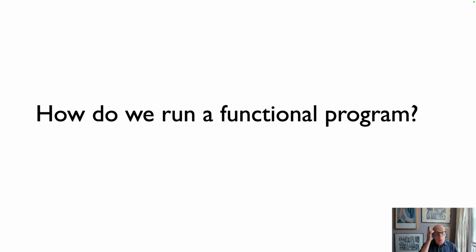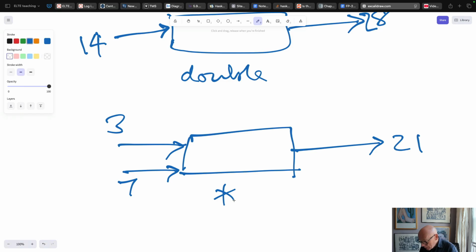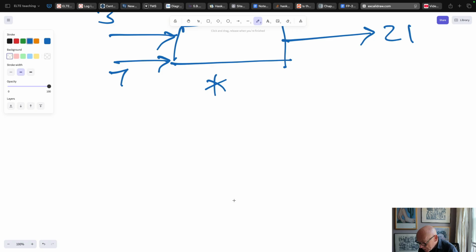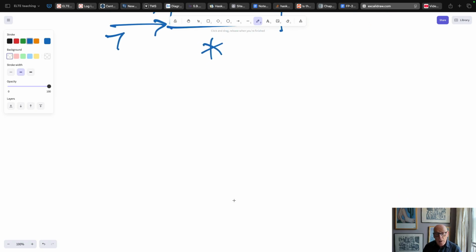What does it mean to run a functional program? The way that we run a functional program is that we do what we learnt in primary school. We take an expression, something that involves functions that are already defined, and we work out what the result of that expression is.